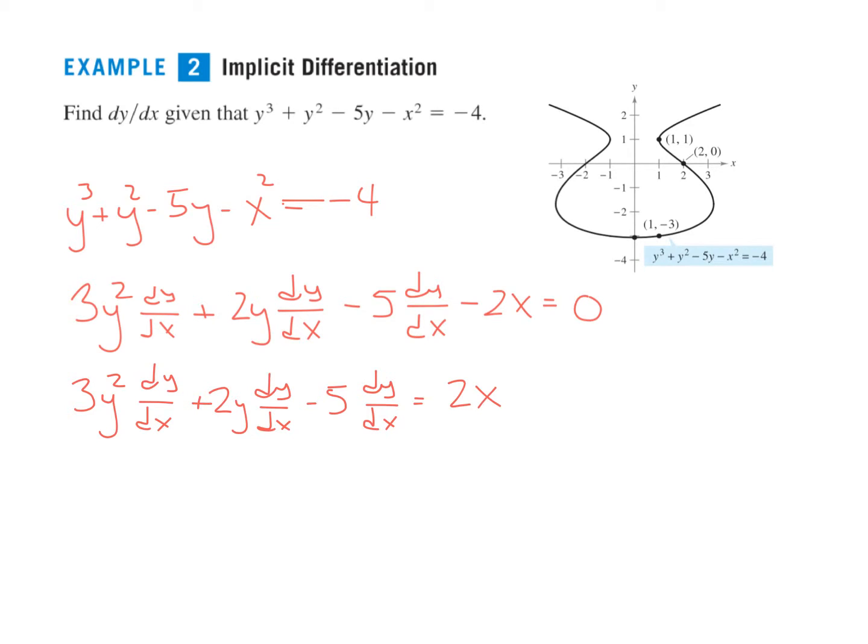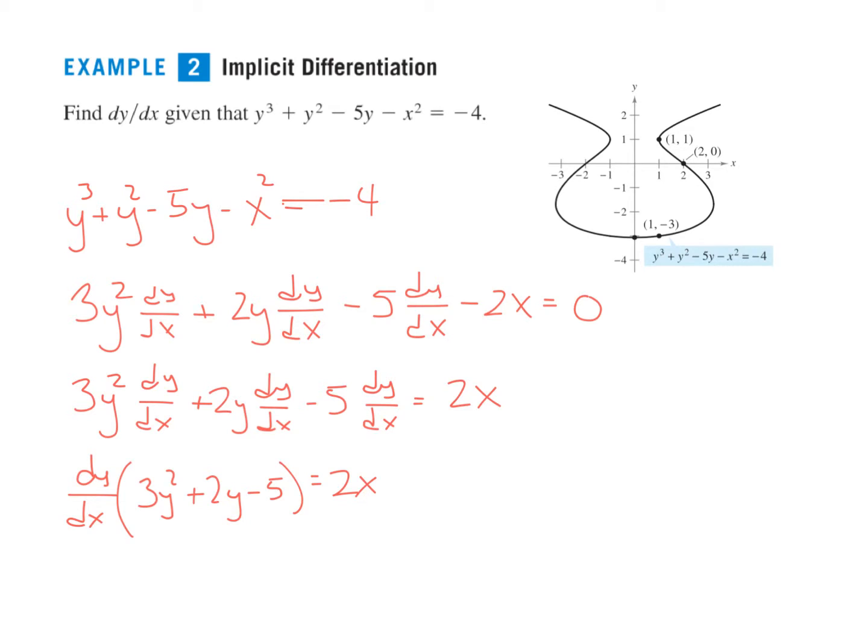And then the next step is to factor out the dy/dx from all the terms on the left-hand side. So this becomes dy/dx times the quantity 3y squared plus 2y minus 5 is equal to 2x. And then we just take this and divide it over to the other side.